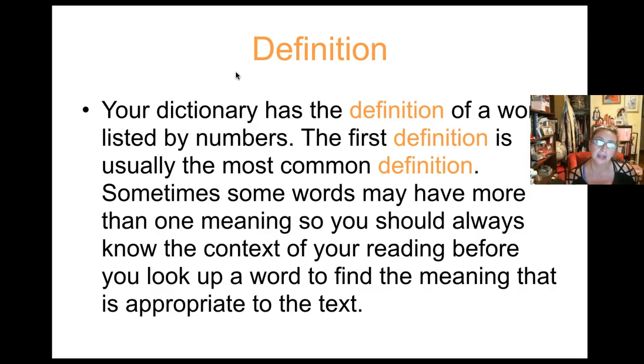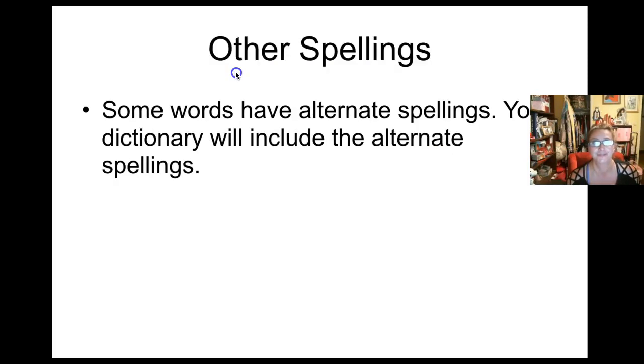So you have to look at the context of your reading to figure out which definition fits the word that you're looking for. The right answer is always in conjunction with whatever reading you're doing or conversation you're having. That's how you figure out if the definition is correct or not.